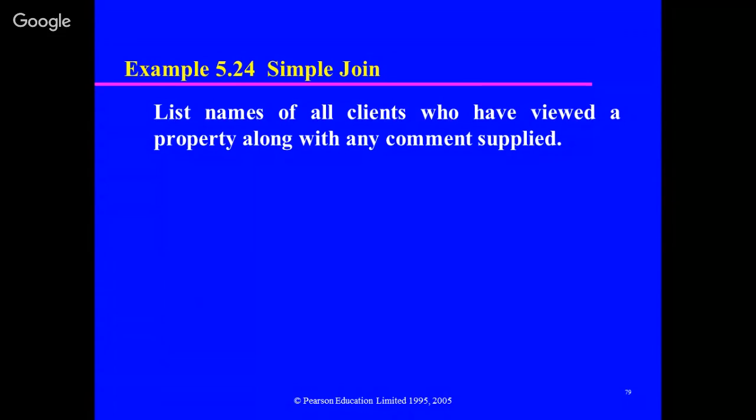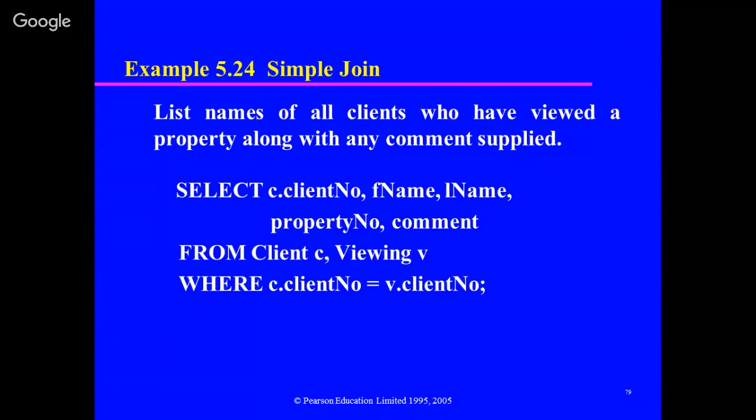All right, let me walk you through a simple example of a join. In this particular example, there are two tables called client and viewing. I think this is an example on real estate.